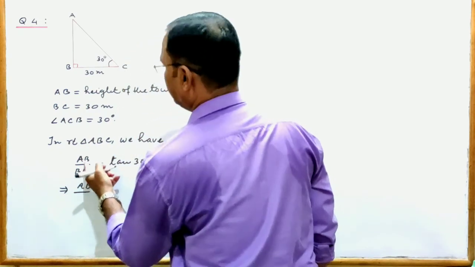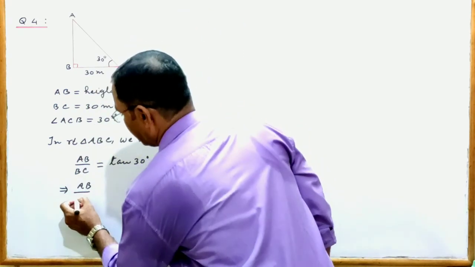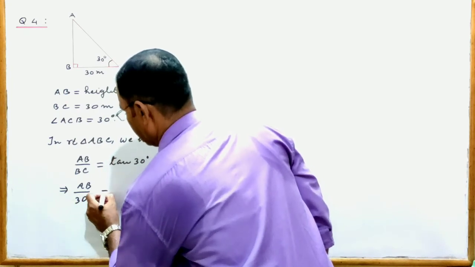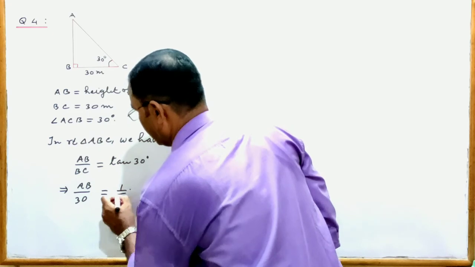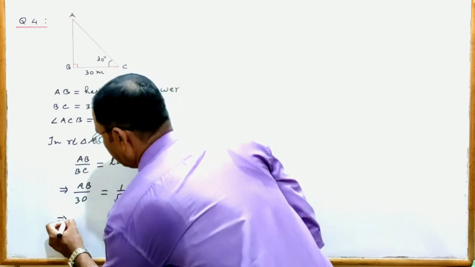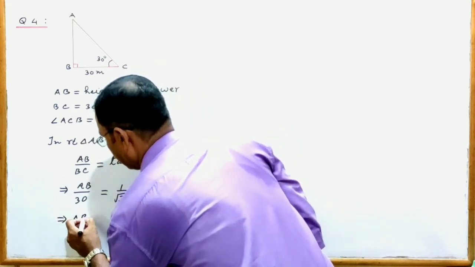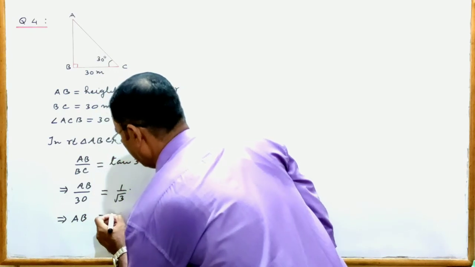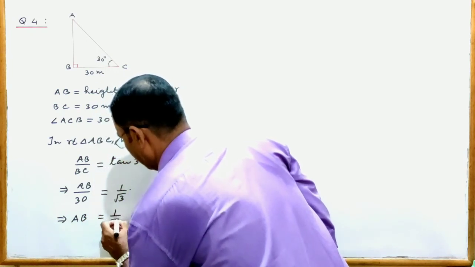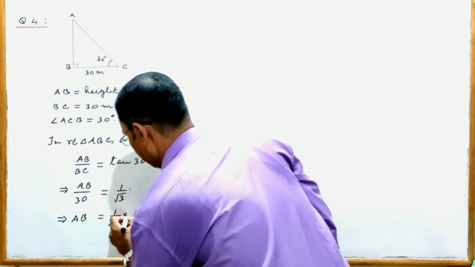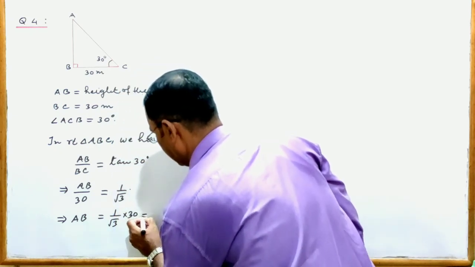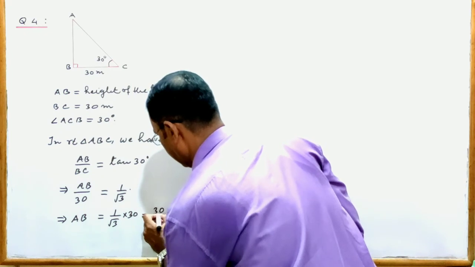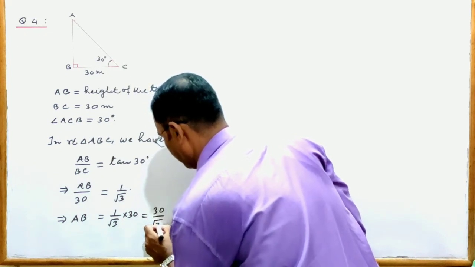BC is base given 30 meter, which is equal to 1 by root 3, and this implies AB is equal to 1 by root 3 into 30. So this is equal to 30 by root 3.